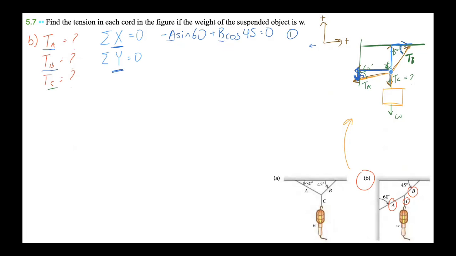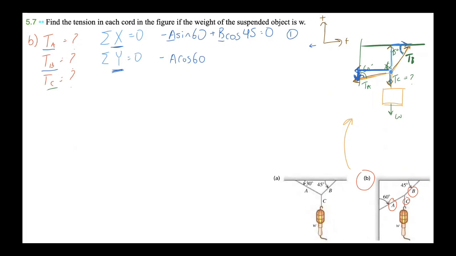So, minus, again because it points downwards, it's going to be minus A cos 60, right?